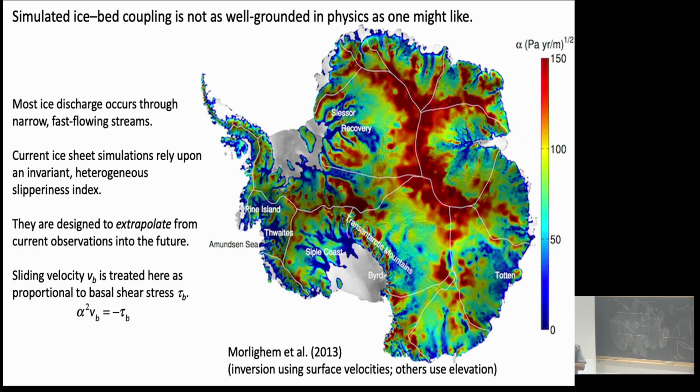And we think about them as being thick because they're 3 or 4 kilometers thick, but that thickness is very small in comparison to the distance over which velocities change, except in a few locations. So for the most part, since there's this big disparity between the length scale over which velocity changes and the thickness of the ice, it's a pretty good approximation to just say that the driving stress, essentially the surface slope times the thickness, is equal to the basal shear stress. Okay, because they have to balance.